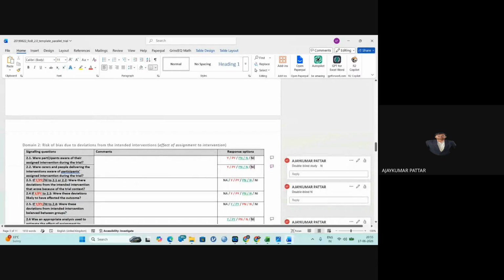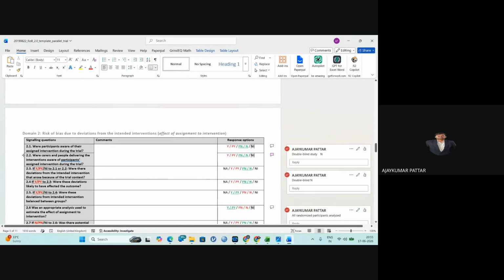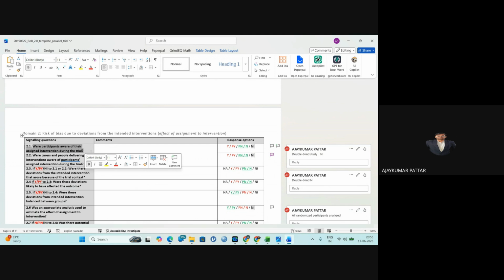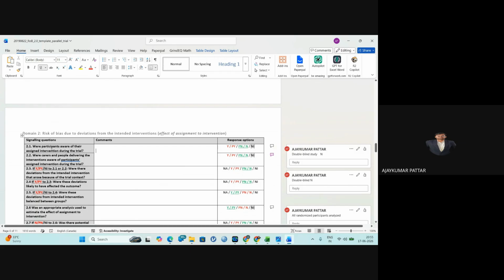So like this, for each and every domain we will do it, with the first domain low risk. Then for domain 2, we have to check whether the participants were aware of their assigned intervention during the trial. How can we see that? Whether they have mentioned double blinded, where intervention and participants are blinded. The question was, were participants aware of the assigned intervention during the trial?